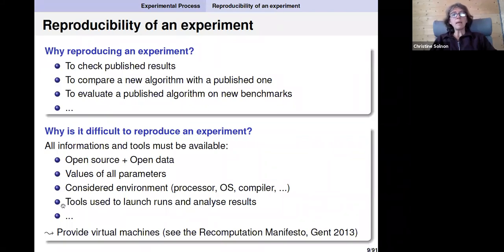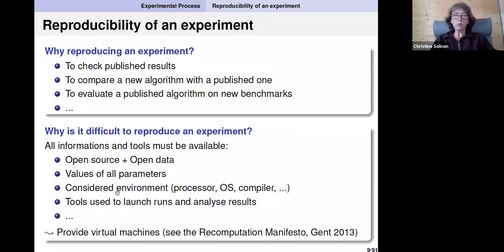And finally, and maybe this is the more difficult, you need to be able to access exactly the same machines, the same computers that were used for your experiment, and also all libraries. And sometimes the libraries can no longer be compiled on the computers you have.